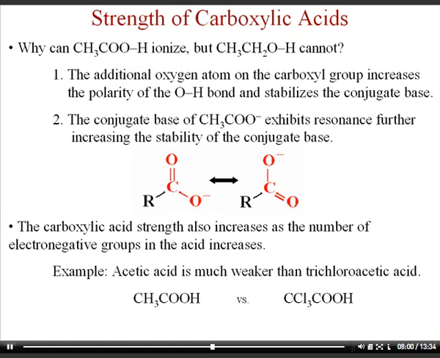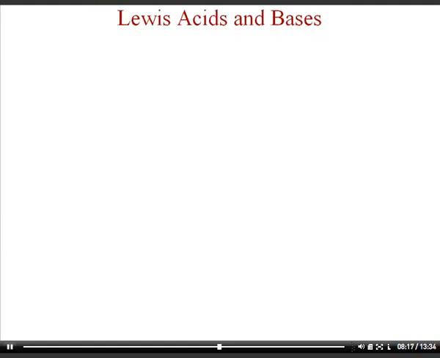Now we know that 3 chlorines has more electronegativity than just 3 hydrogens, so you have more electrons drifting away from the hydrogen towards the COO group being pulled along with the chlorines, and so trichloroacetic acid will be stronger than just acetic acid.